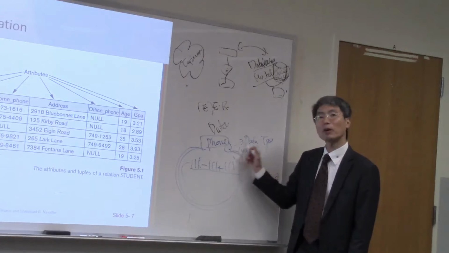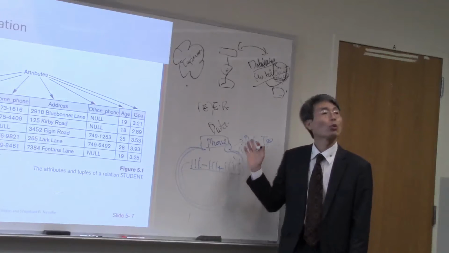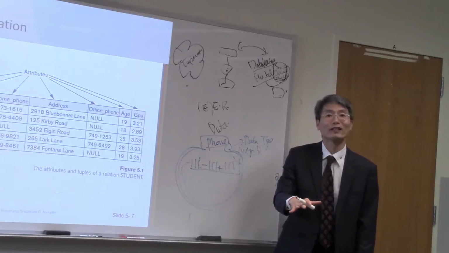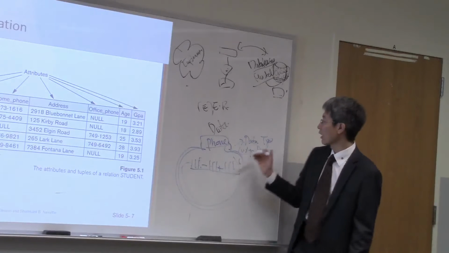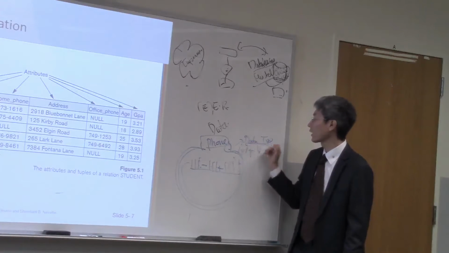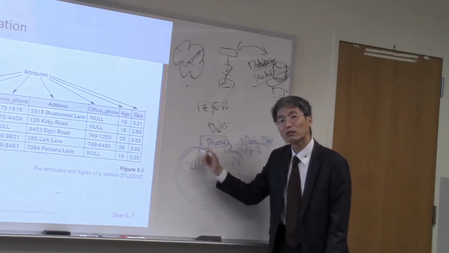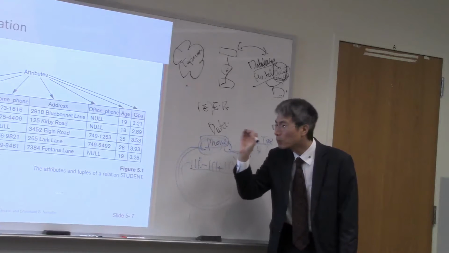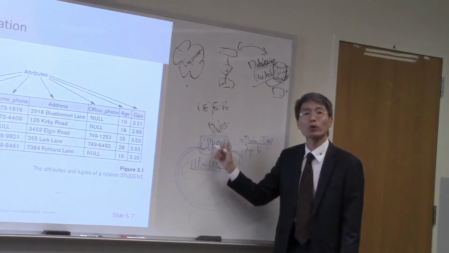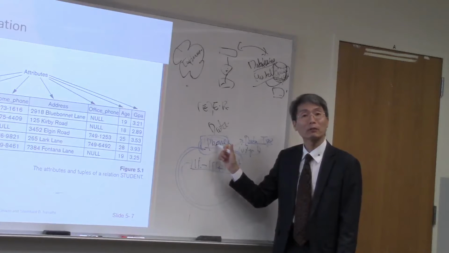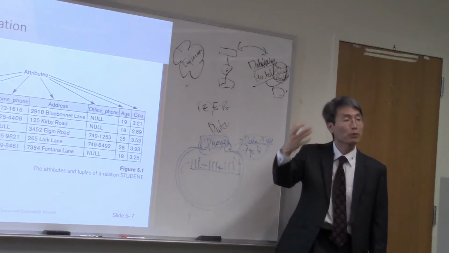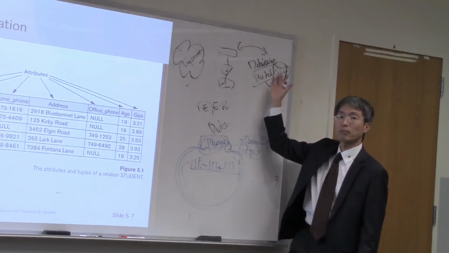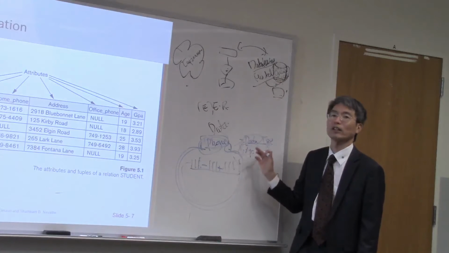However, a 10-digit number is not always a phone number, right? So actually, the data type cannot reflect the original meaning of the phone number, but practically it is much easier. So in the computer system, the database management system, they use the data type.